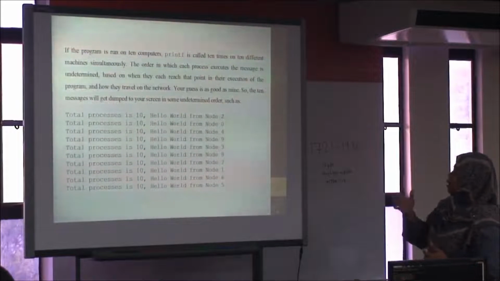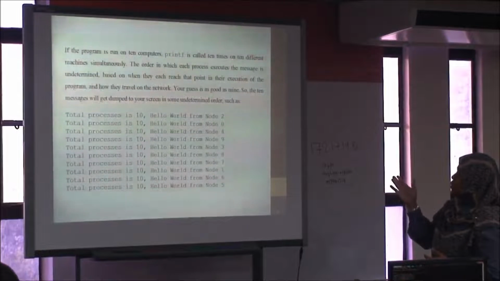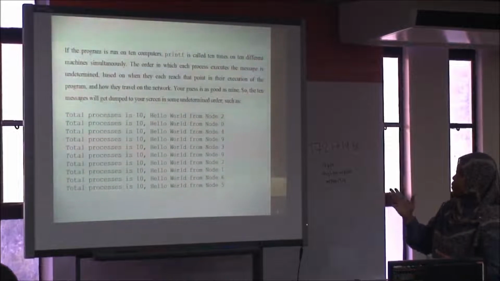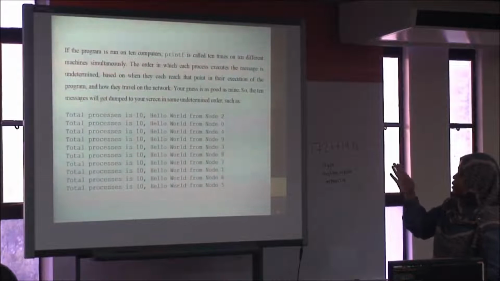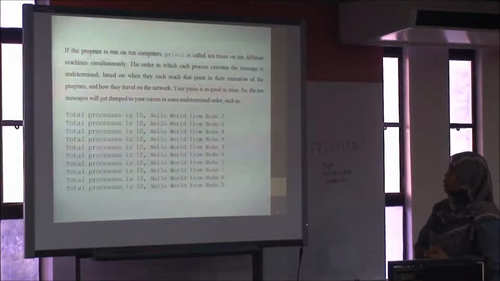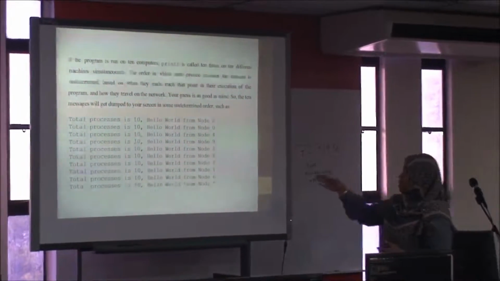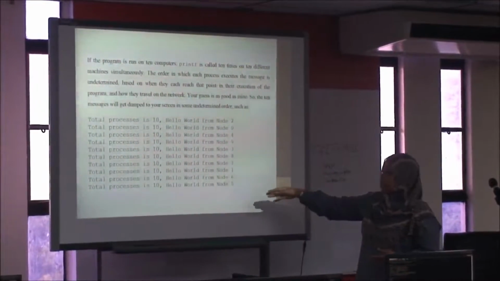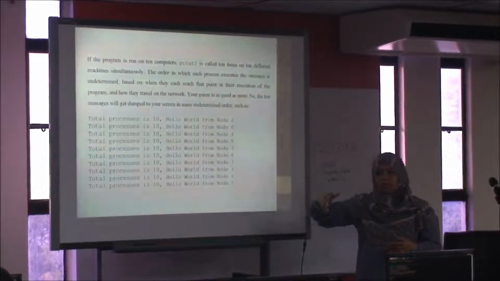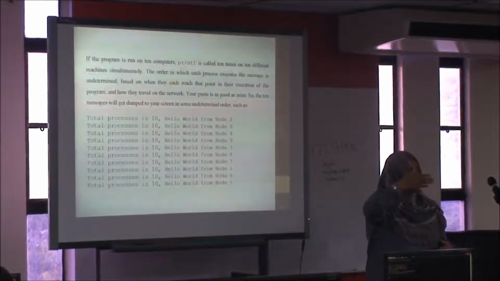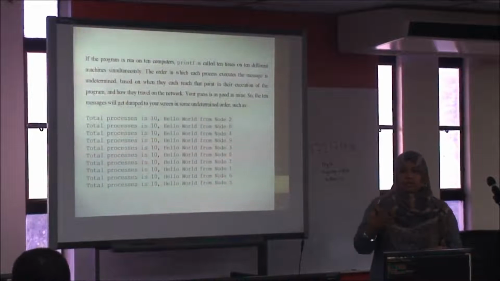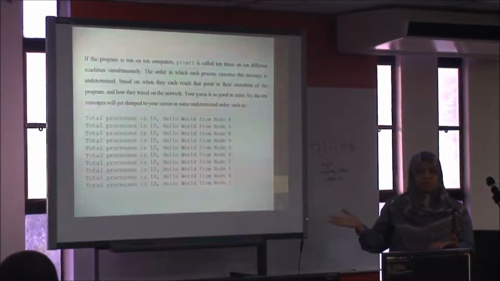So the order in which each process executes the message is undetermined, based on when they each reach that point in their execution of the program and how they travel on the network. So the 10 messages will get to your screen in some undetermined order. So that's why you notice it's not in deterministic order, 0, 1, 2, 3, it's undetermined based on who reaches first.